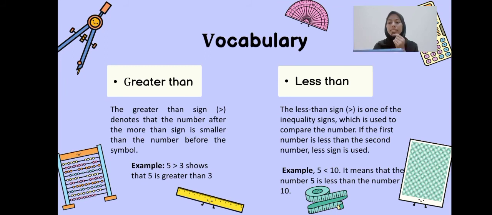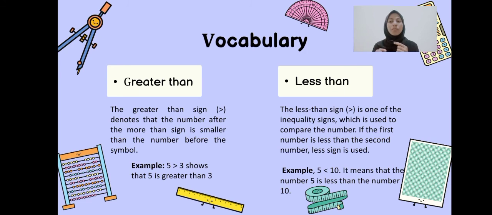Next, greater than. What is greater than? Like what you guys saw in my presentation, that sign is called greater than. It denotes that the number before the sign is larger than the number after the symbol.